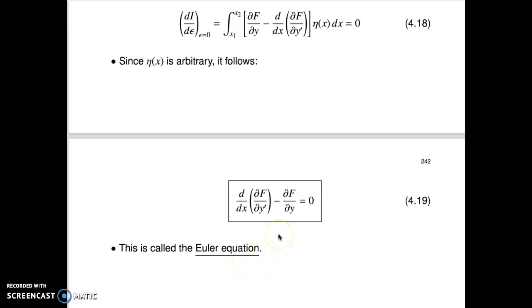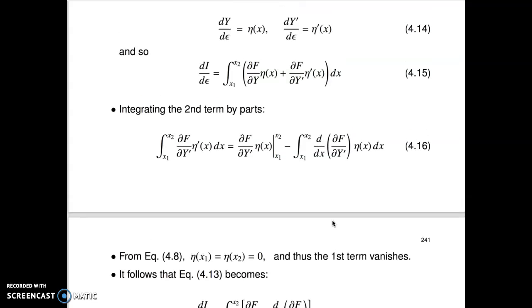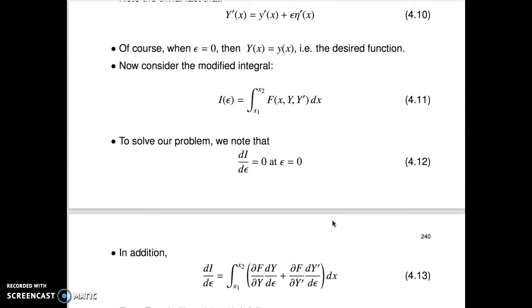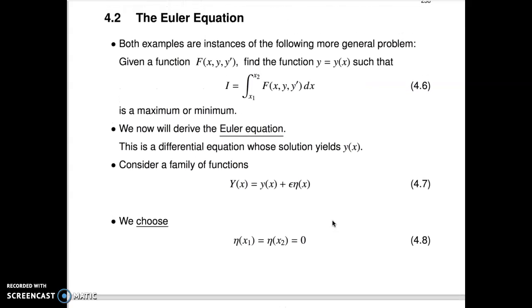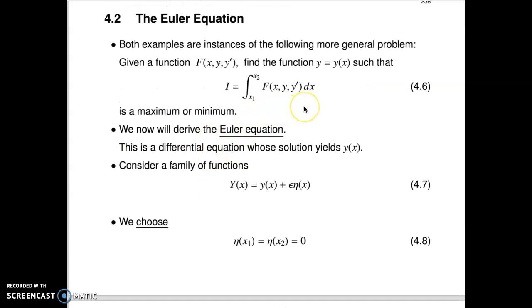Setting that equal to zero gives us a differential equation. This is the Euler equation. And what this equation is going to do is to set up a differential equation for the unknown function y. And remember, the unknown function y is the function that minimizes or maximizes an integral of a certain form. Let's go right back to this integral. Okay? So in a typical problem, you're given this integrand.